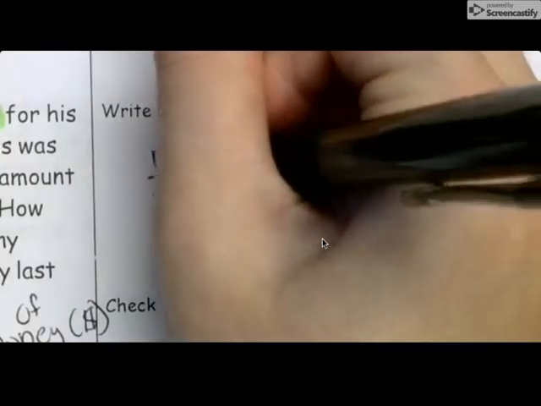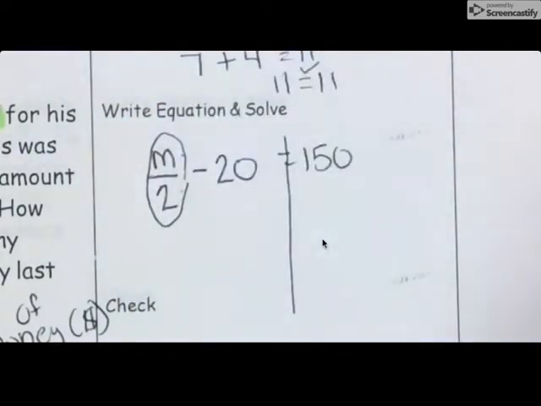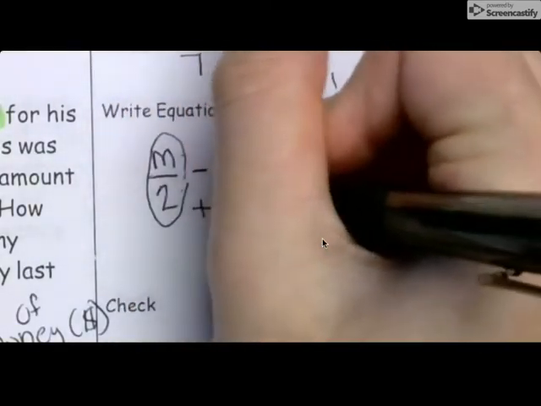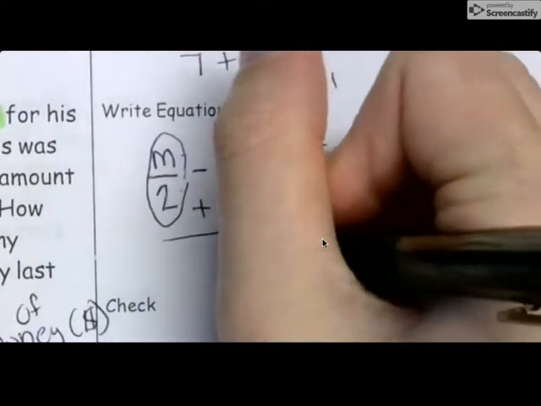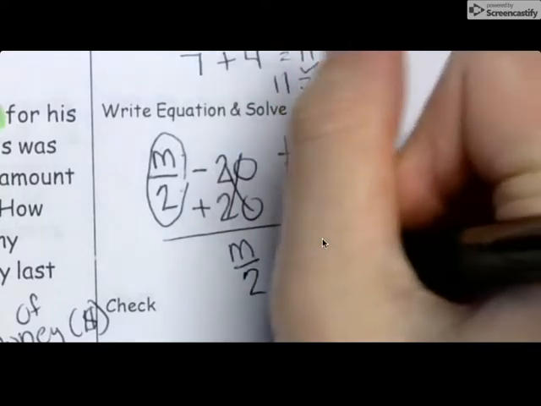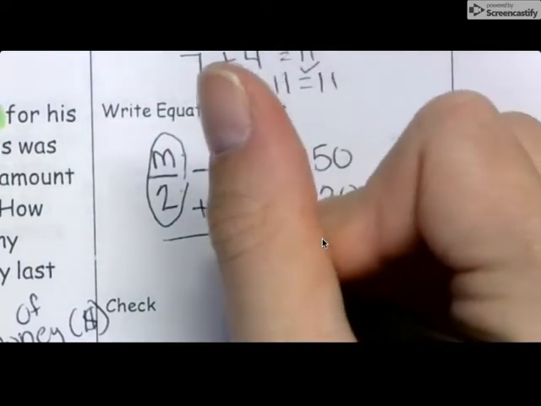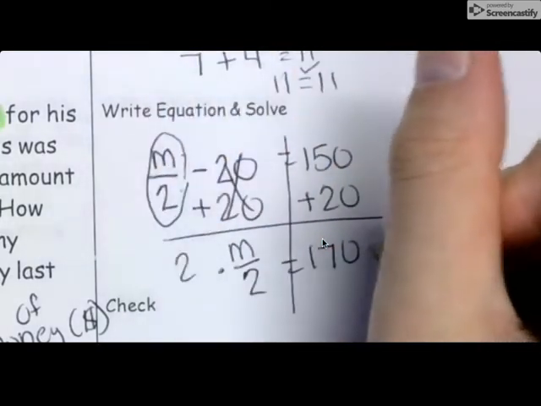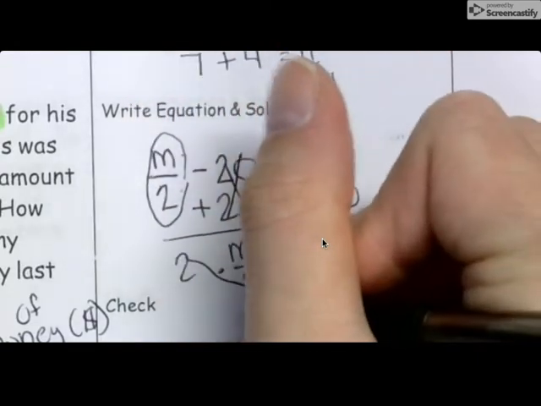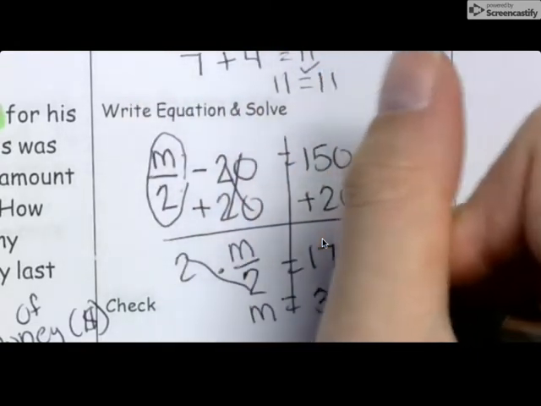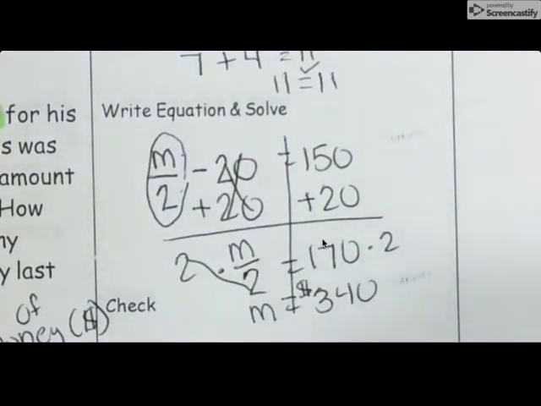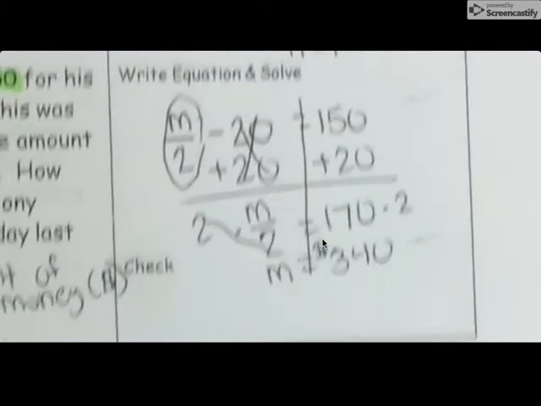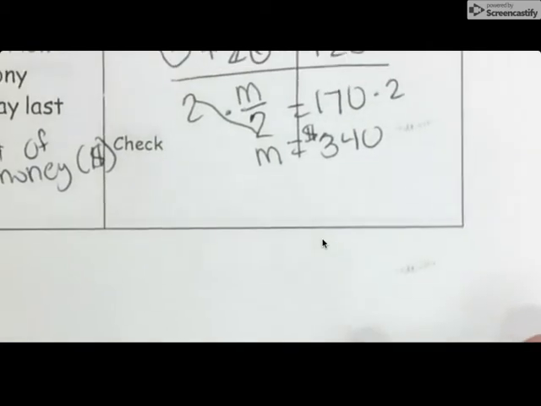Draw my line, circle my term with my variable so I can start to isolate that. Do the opposite. Now I need to times by 2 on both sides. And that equals $340. Okay, so we are going to check.